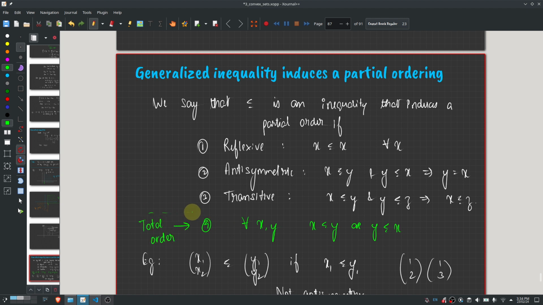But for a partial order, just the first three properties are enough. Okay. What we want to show is that these generalized inequalities induce a partial order. And there you'll see why each of those requirements, that it should be closed, convex, pointed, and solid, will come into play.